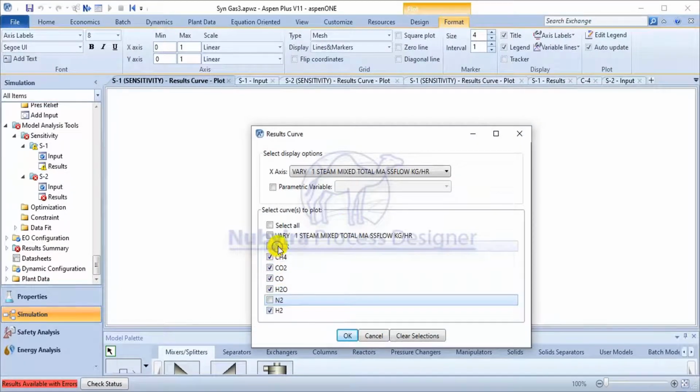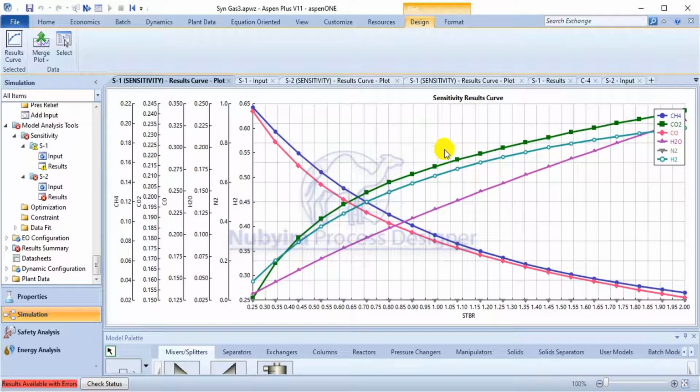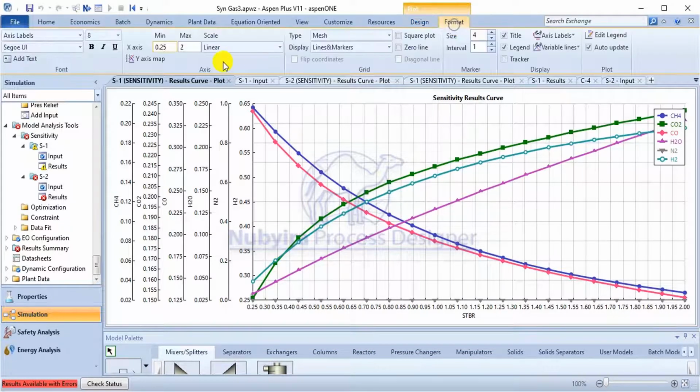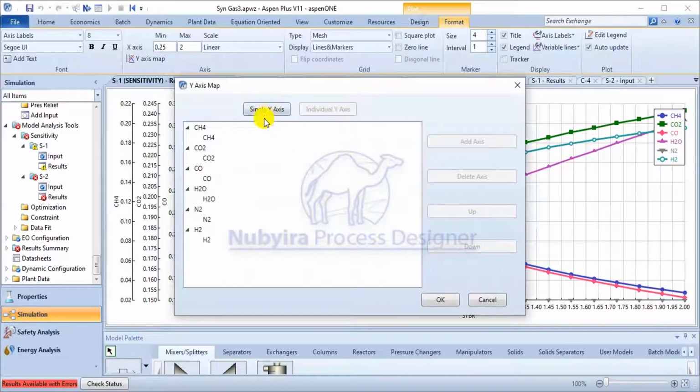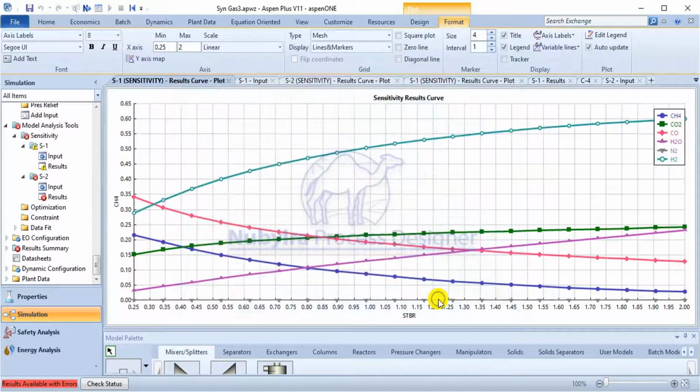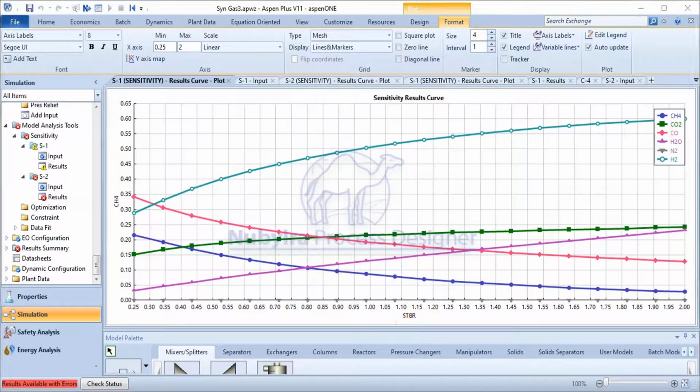Make this one my x axis. Pick the other components. Okay, we have this. Let's merge it together and compare it, because they merged it together in their plot. Okay, this is what they get.